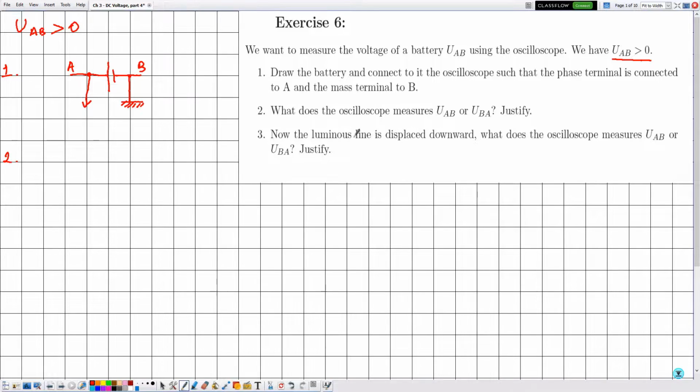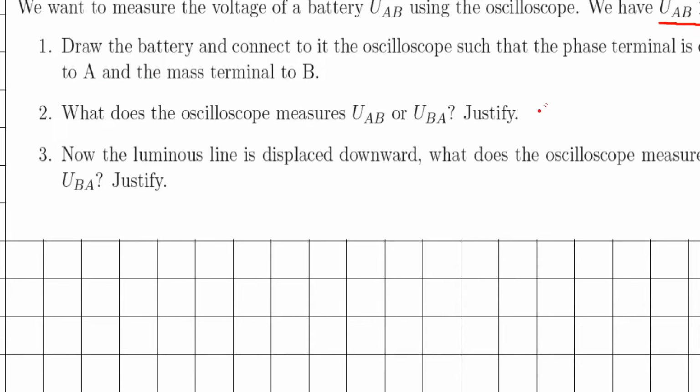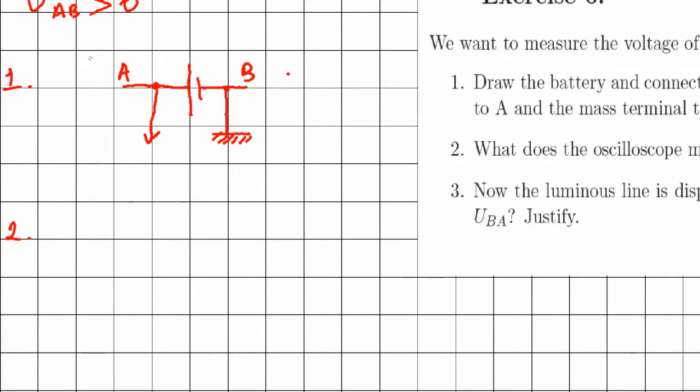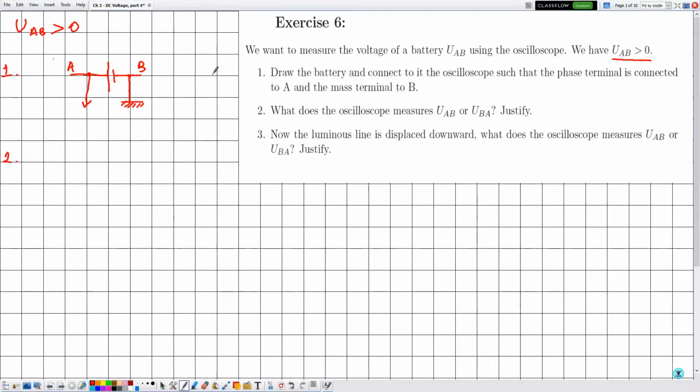Now in number 2, they are telling me: what does the oscilloscope measure, UAB or UBA? Justify. This can be determined by referring to the connections of the oscilloscope. Notice that since the phase terminal is connected to A and the mass terminal is connected to B, the oscilloscope in this case measures UAB, from the phase terminal to the mass terminal.